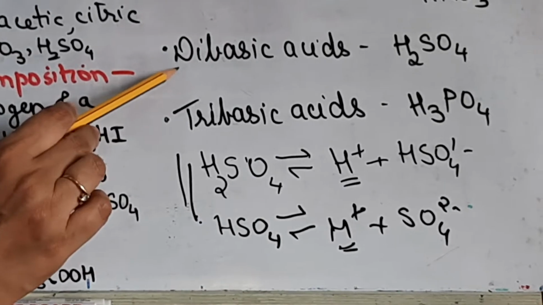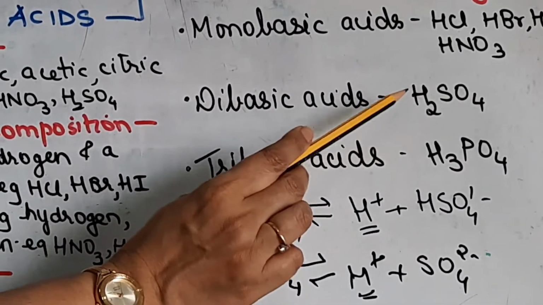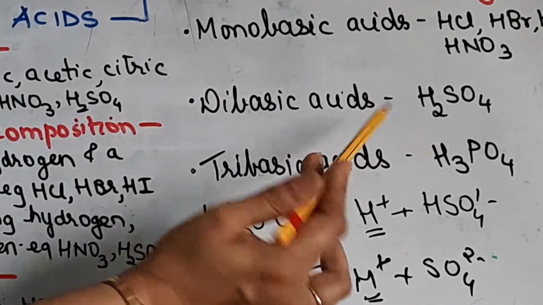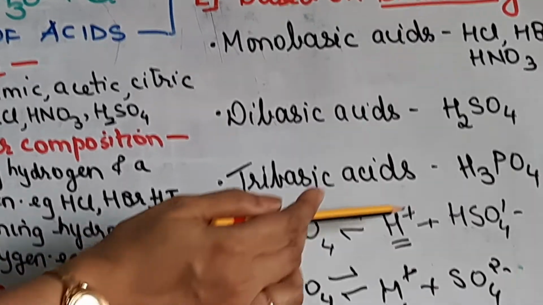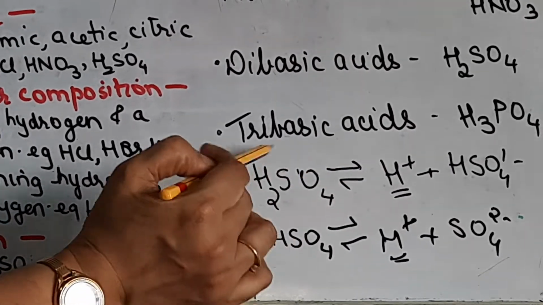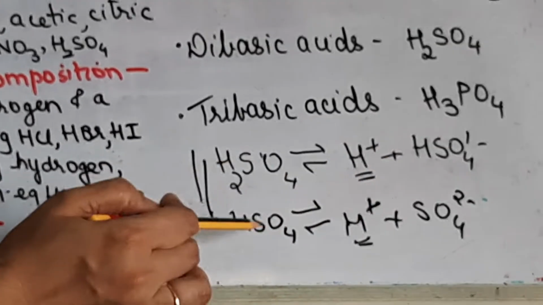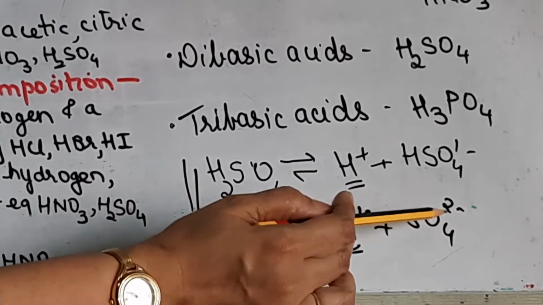Now these are dibasic. Di means two. So per molecule of the acid you have two hydrogen ions in aqueous solution, so it dissociates in two steps. First, sulfuric acid will give one H plus. The remaining molecule forms HSO4 minus, bisulfate, and then bisulfate will ionize to form again one H plus plus sulfate.